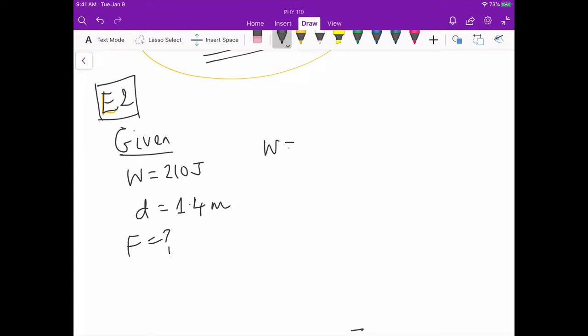Work done is equivalent to force times distance. Then to isolate force, you divide both sides by D. Then D cancels out. Therefore your force is going to be the work done, 210 joules, divided by 1.4 meters.